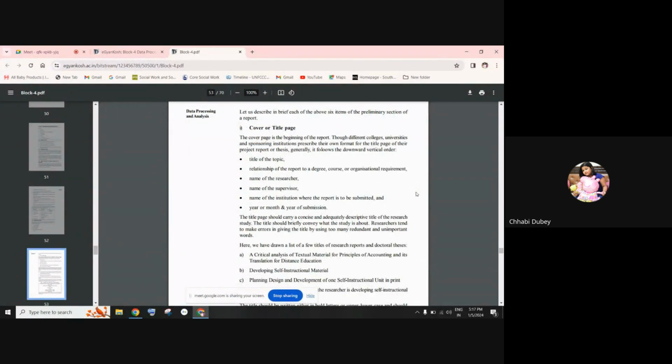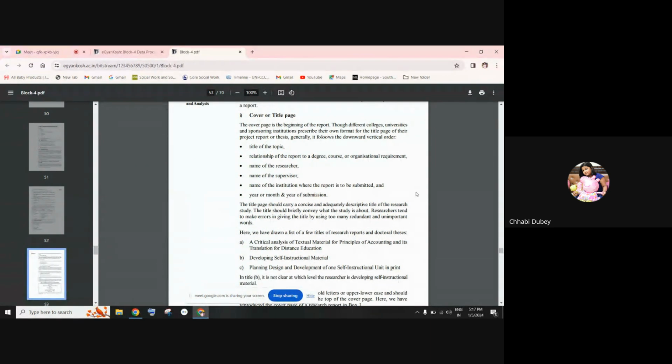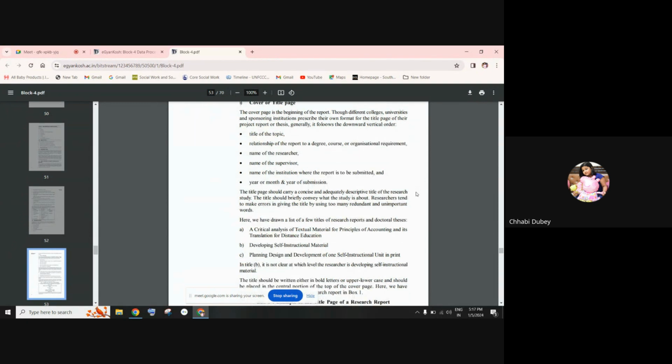The title page also carries a concise and adequately descriptive title of the research study. So this title should briefly convey what the study is all about. Here, they have a few examples of titles of research reports and doctoral theses. Sometimes researchers are not able to give a very suitable title to the research.